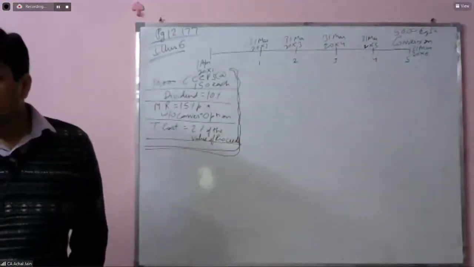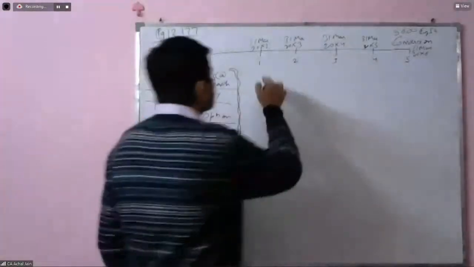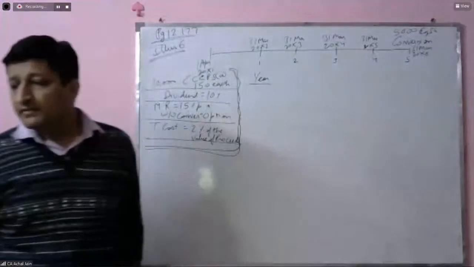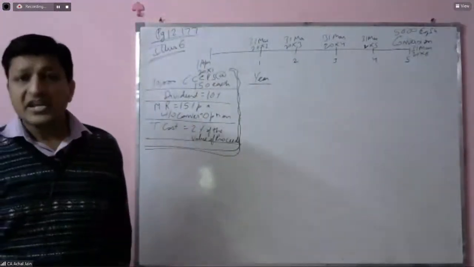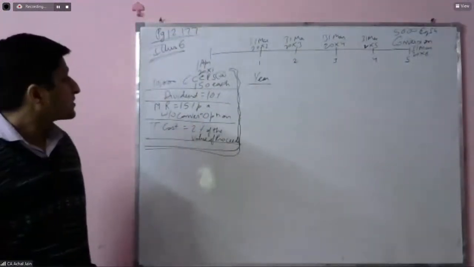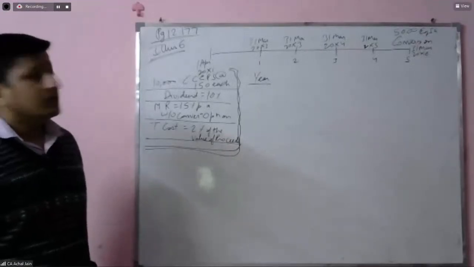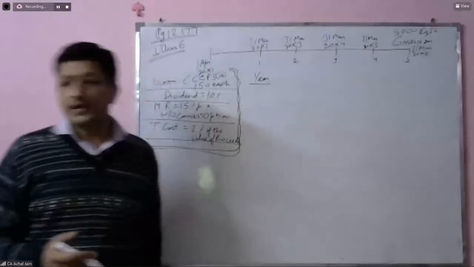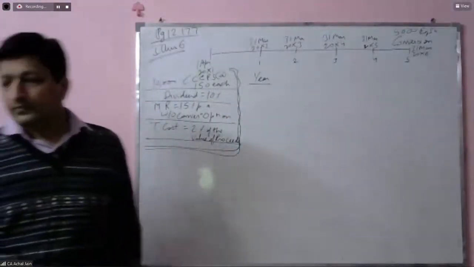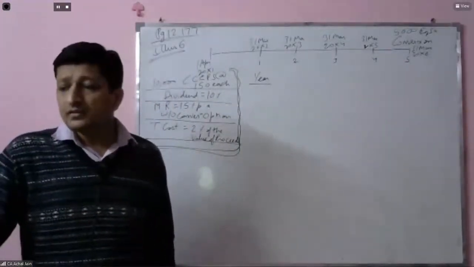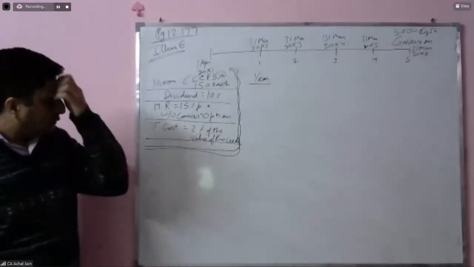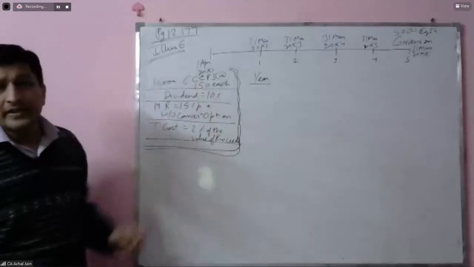So we will put the years and then we have the cash flows. So what are the cash flows? Every year there is no principal in terms of repayment. It's only the dividend. So in the first year, the dividend amount will be what? 10% of 15 lakh.